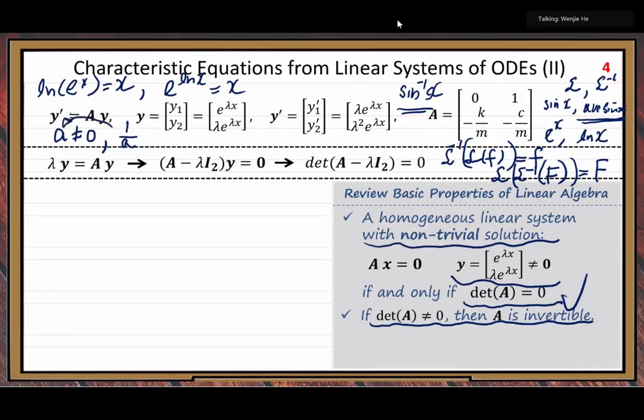Why do you say 1 over A is an inverse of A? Because A multiplied by 1 over A is 1. 1 is the identity object, because 1 times any number is still that same number.